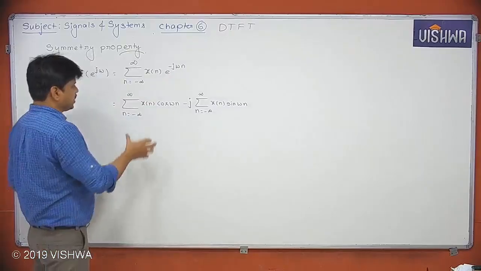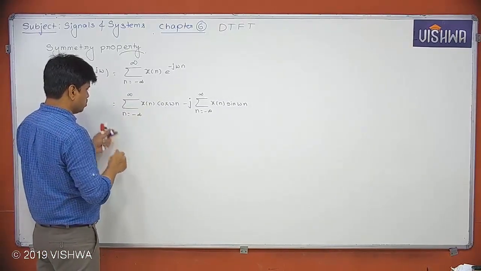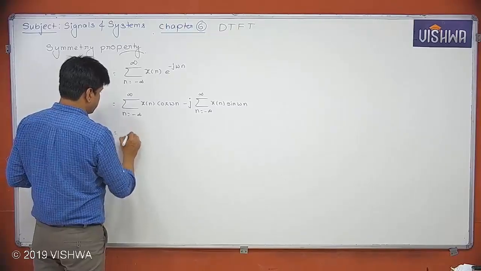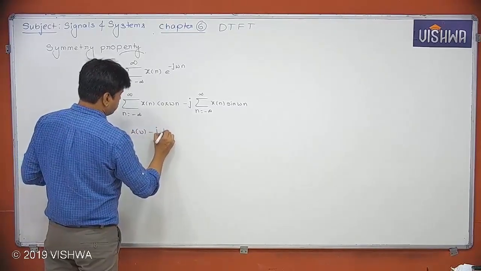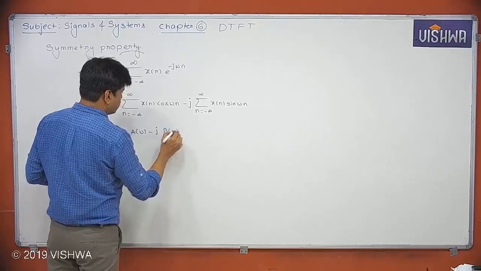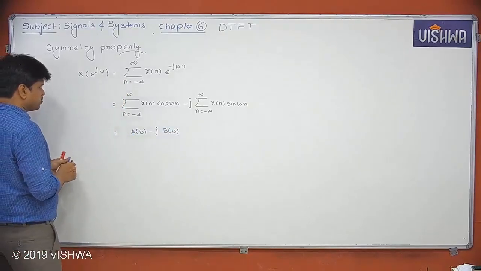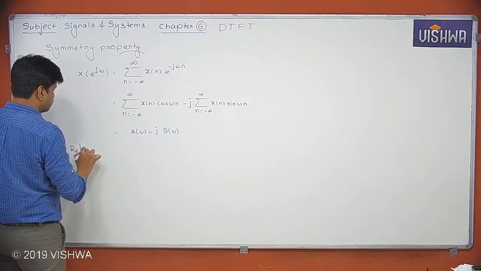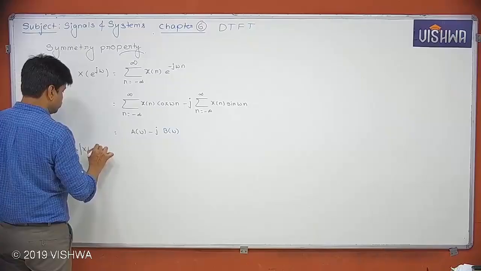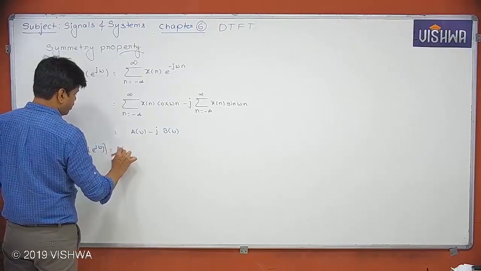Once we calculate this value, it is entirely in terms of omega. So we can call this A of omega minus j B of omega. If you observe carefully, the real part of X of e power j omega is nothing but A of omega.